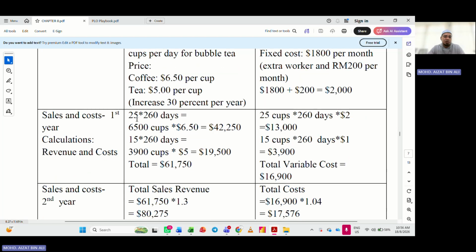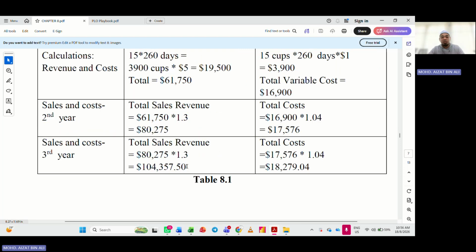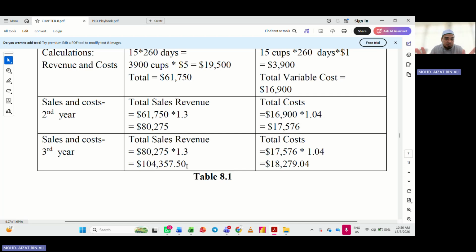For the sales, for example, 25 times 260 days, and times the price per unit. So this is the amount. And then for the tea, 3,900 cups times 5 ringgit. So we get a total sales for the first year. This working you need to perform separately.